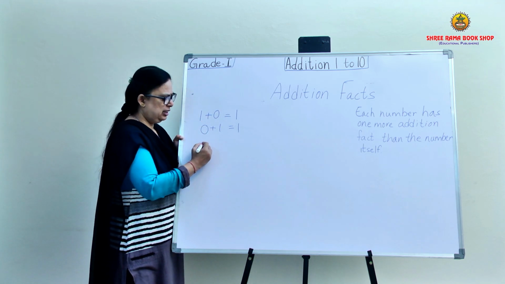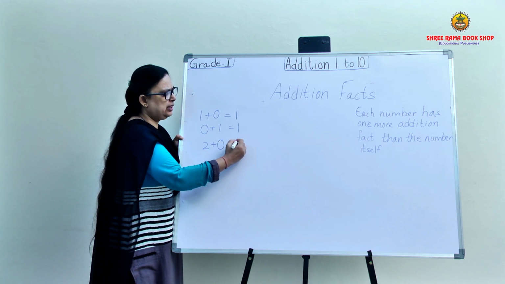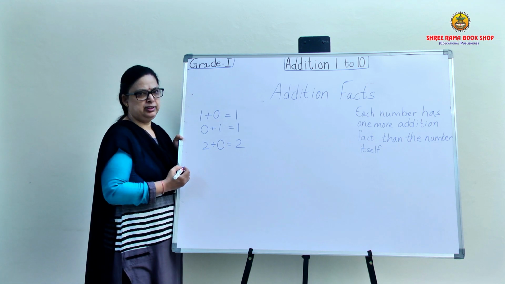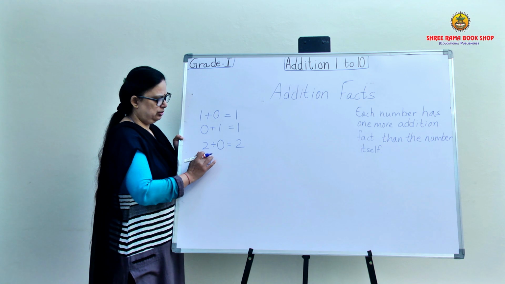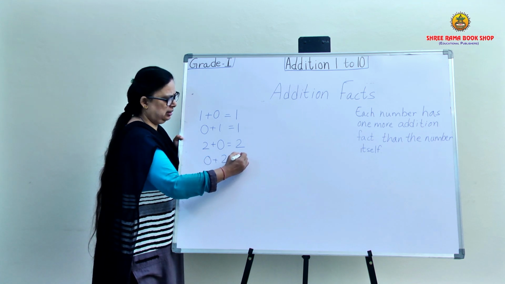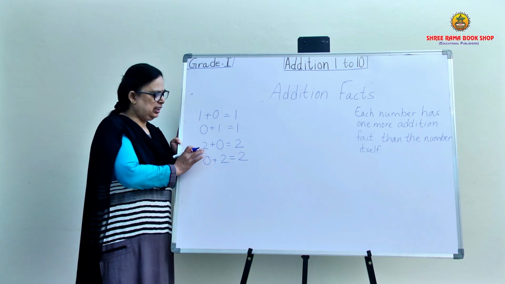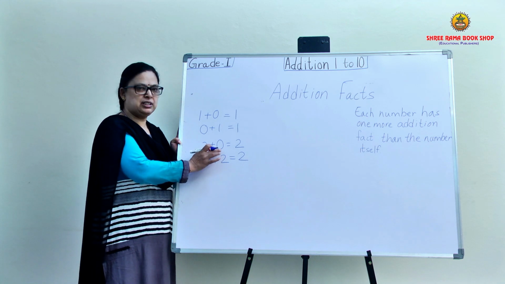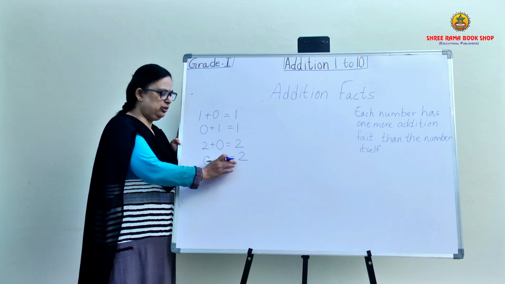Now let us take 2. 2 plus 0 is equal to 2. Right? The same way, if you add 0 plus 2, it becomes again what? 2. So we just understood that 2 plus 0 is equal to 2 and 0 plus 2 is equal to 2.